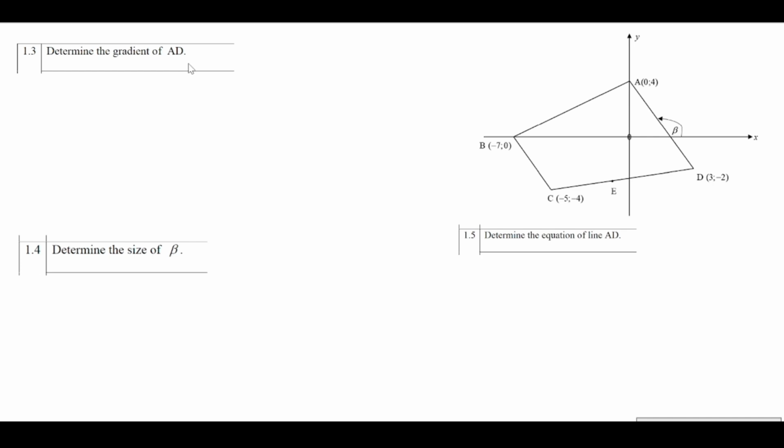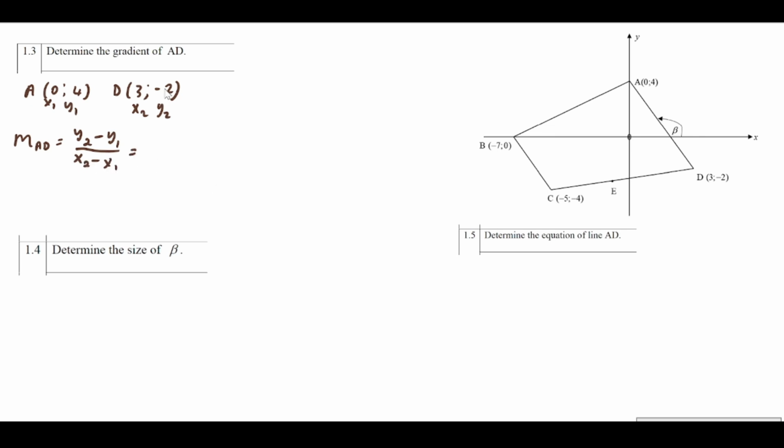1.3, determine the gradient of AD. The coordinates of A, again, are 0 and 4. The coordinates of D are 3 and -2. Label your points, x1 and y1, x2 and y2, and do your substitution. The gradient of AD is given by y2 minus y1 divided by x2 minus x1.